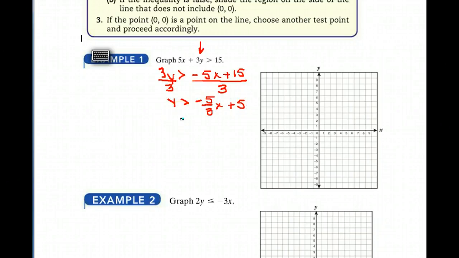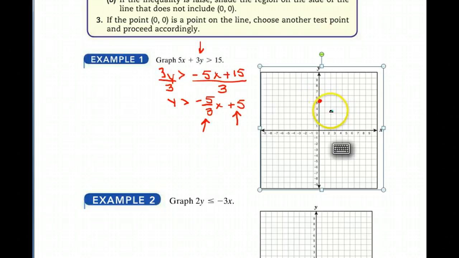Now that I have my inequality solved for y, I can go ahead and graph it using the y-intercept as well as the slope of that line. So I'm going to start by putting a point on positive 5 because that was my intercept.